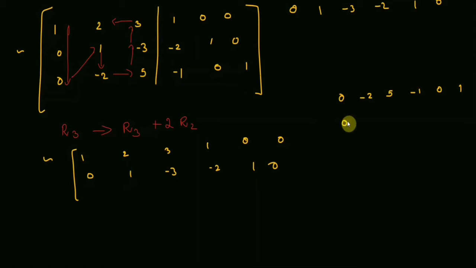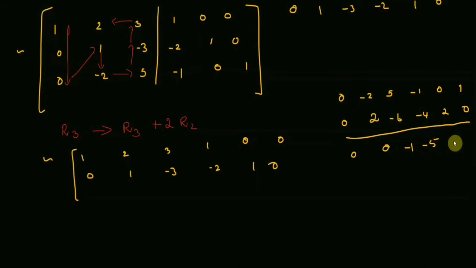So this will become 0, 2, minus 6, minus 4, 2, 0. You just add, and it will give you 0, 0, minus 1, minus 5, 2 and 1. So the third row is 0, 0, minus 1, minus 5, 2 and 1.